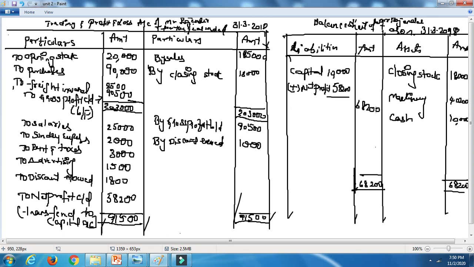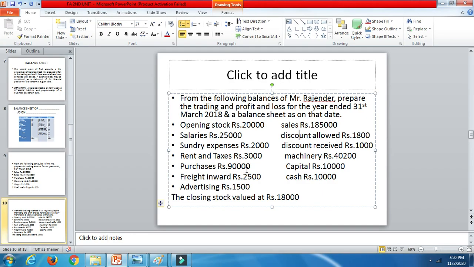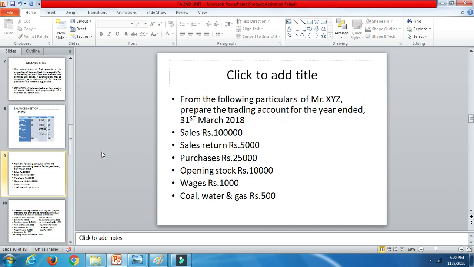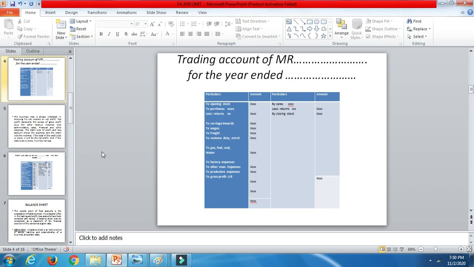So for the day, these 2 problems are enough. It's a simple problem I have taken and calculated. Do practice them. Just take out the format I gave you in my last class. These are very easy. You need not stress yourself.